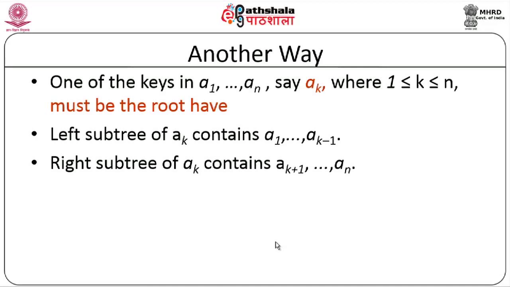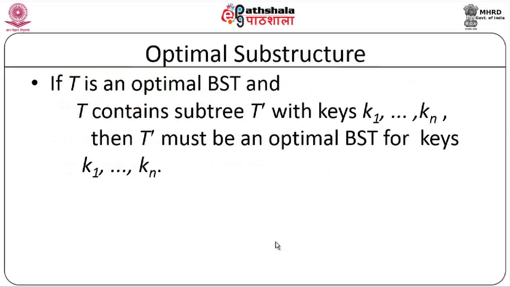Similarly, the right subtree of a k is going to contain the keys a k plus 1, a k plus 2, and so on up to a n. In other words, we can construct the tree using an arbitrary a k, and we can find the cost.